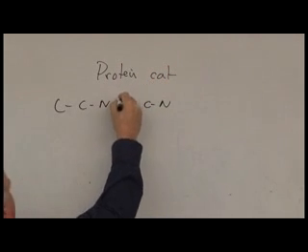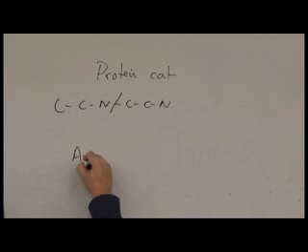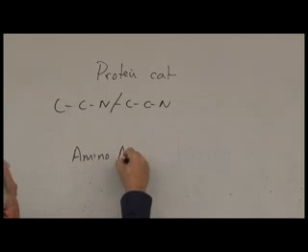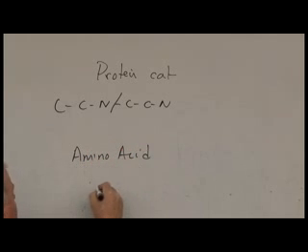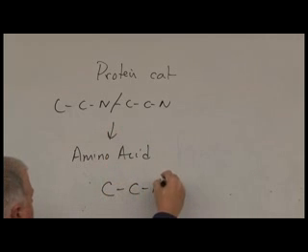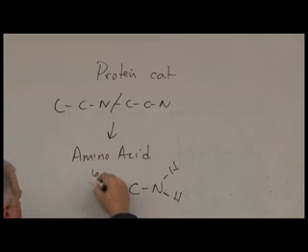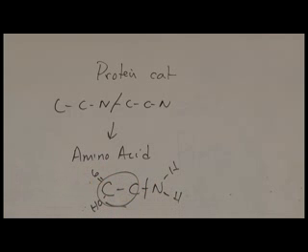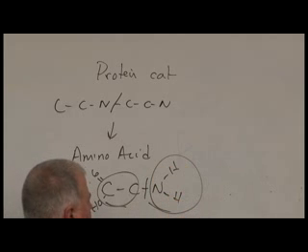And what we're going to do is break the bond and free up individual amino acids. And then with the free amino acid, if we break this bond, now we have a 2-carbon compound that we can use to run through the Krebs cycle. But what we end up with is this amine.